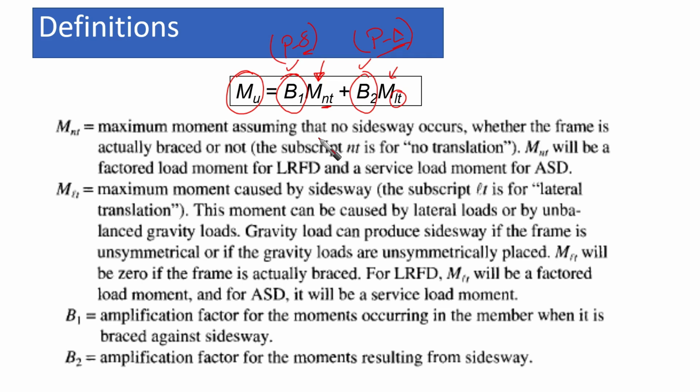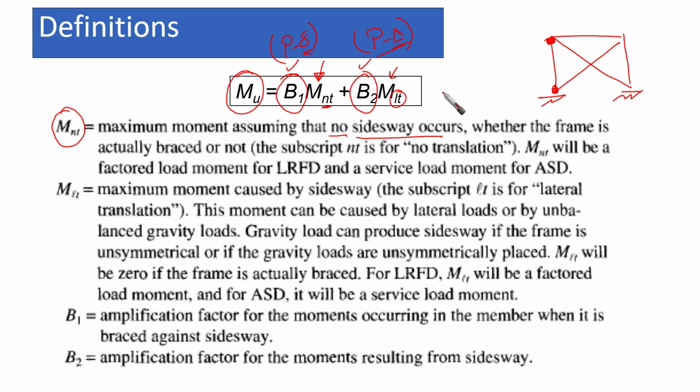We want a specific interpretation or understanding of this type of moment. Let's start with M NT, which is the no translational moment. It is the maximum moment assuming that no side sway occurs. So if we have something like this, and we have bracing here, and this is the element, the beam column element, let's assume.